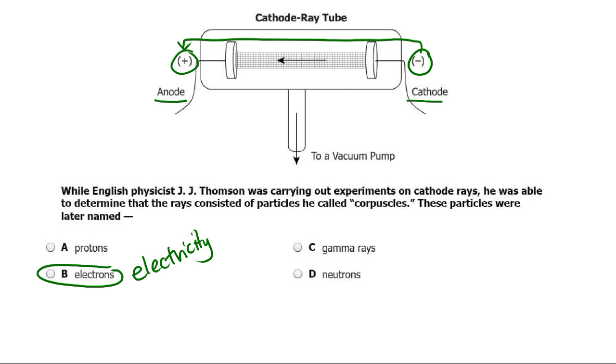Remember that protons and neutrons stay pretty intact in the nucleus itself. So that is why the electron was first discovered. J.J. Thomson had the plum pudding model because he had an idea about electrons, but he had no idea about protons and neutrons and what exactly those other particles were. So the first particle discovered was the electron.